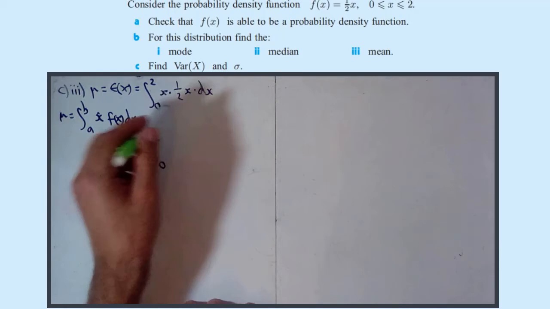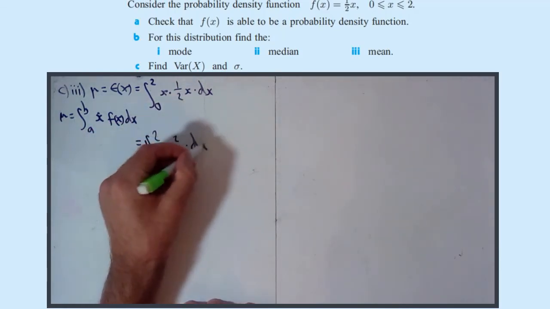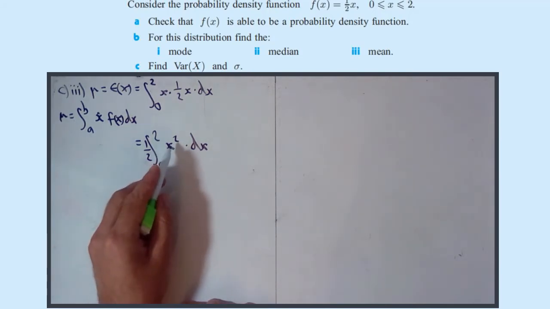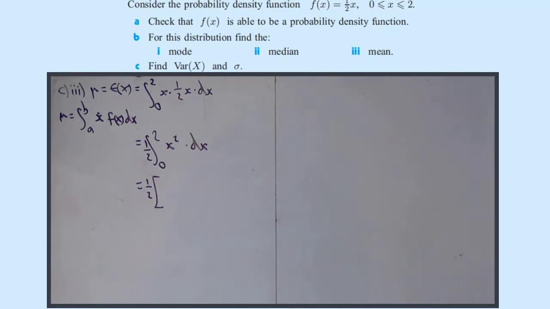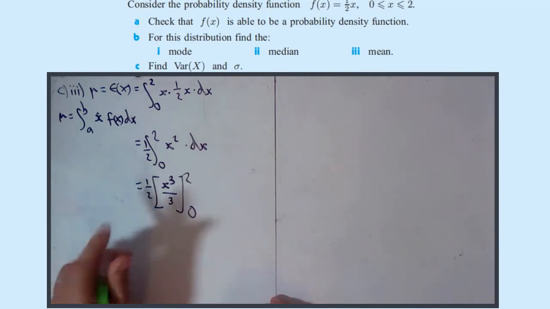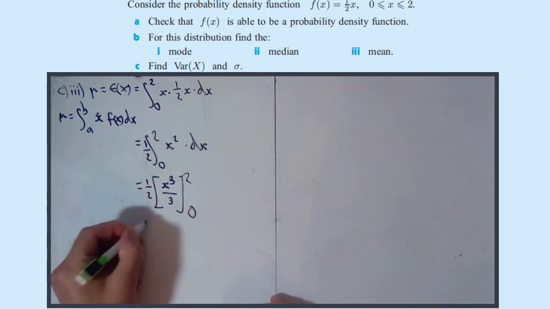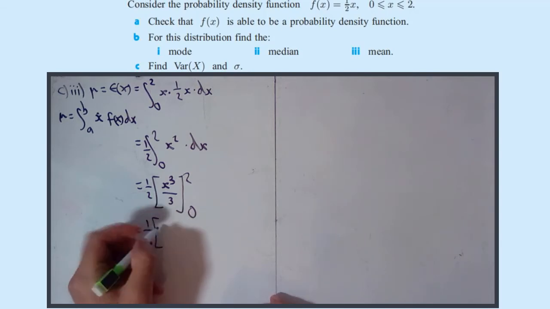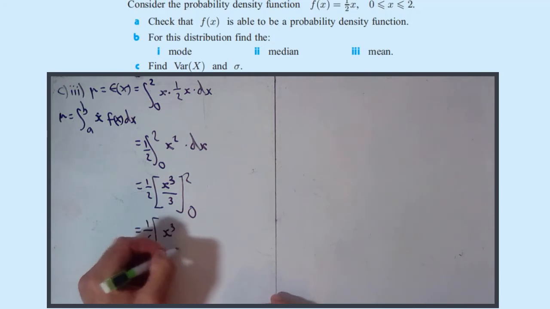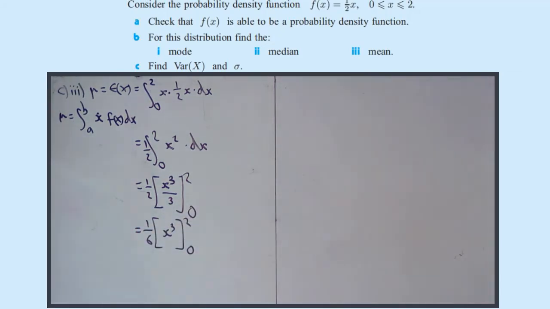So a half times the integral between 2 and 0 of x squared dx. x squared is going to integrate to x cubed over 3 between 2 and 0, and you could even pull the 3 out, so it equals 1 over 6 times x cubed at 2 and 0. So that's just going to be 1/6 times 2 cubed minus 0 cubed.